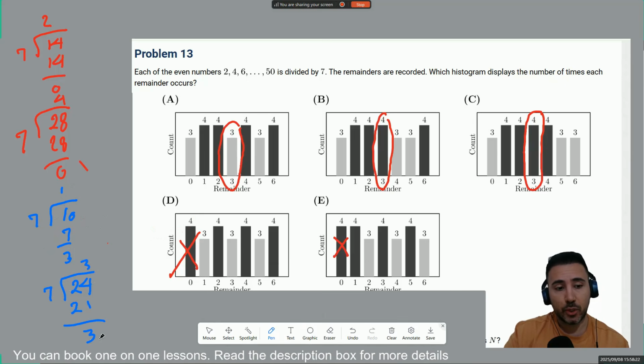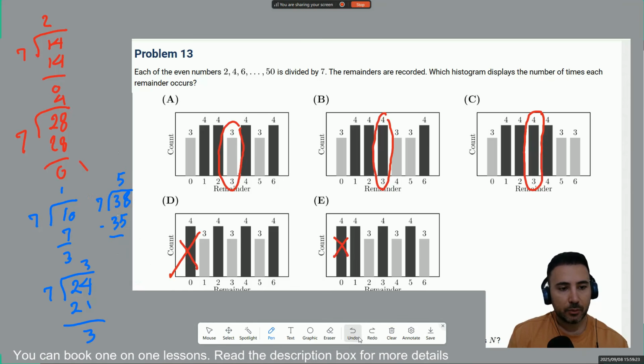And then 24 plus 14 is 38, right? So when we divide 38 by 7, we got to do it like this, 35, subtract, and then 3. That's the number here. And now the next number is again 38 plus 14. Now this number is actually going to be 52, which we're not going to accept.